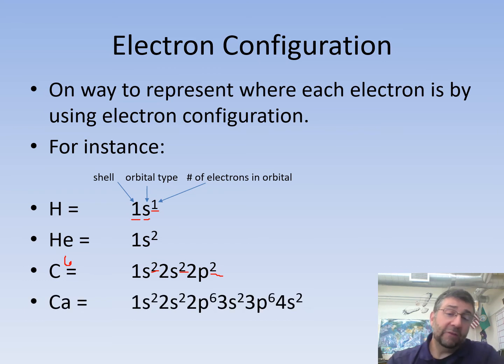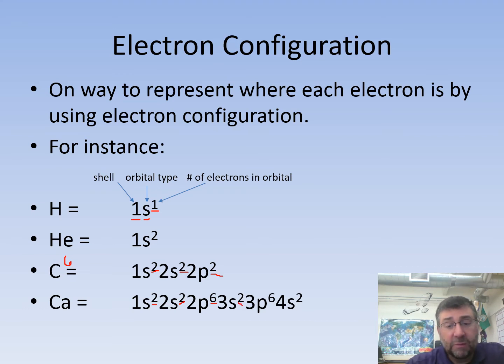Now calcium has 20 electrons, and what we're going to do is build our way up to figure out where all 20 are located. So the first 2 are in the 1s2. The second 2 are in the 2s2. Now remember that the p orbital can hold up to 6, so it's 2p6. So that gets us to 10. Now we jump out to the third shell, the third energy level, and it's 3s2.